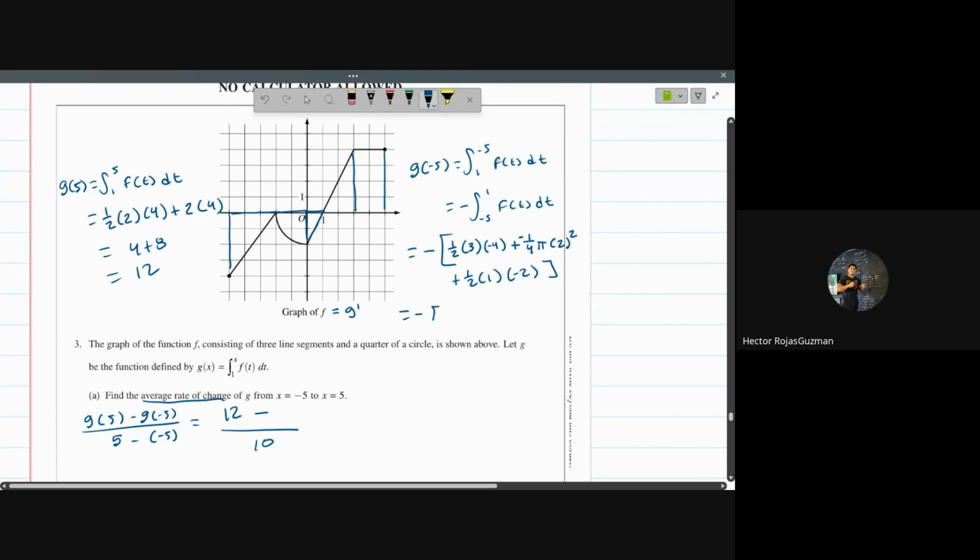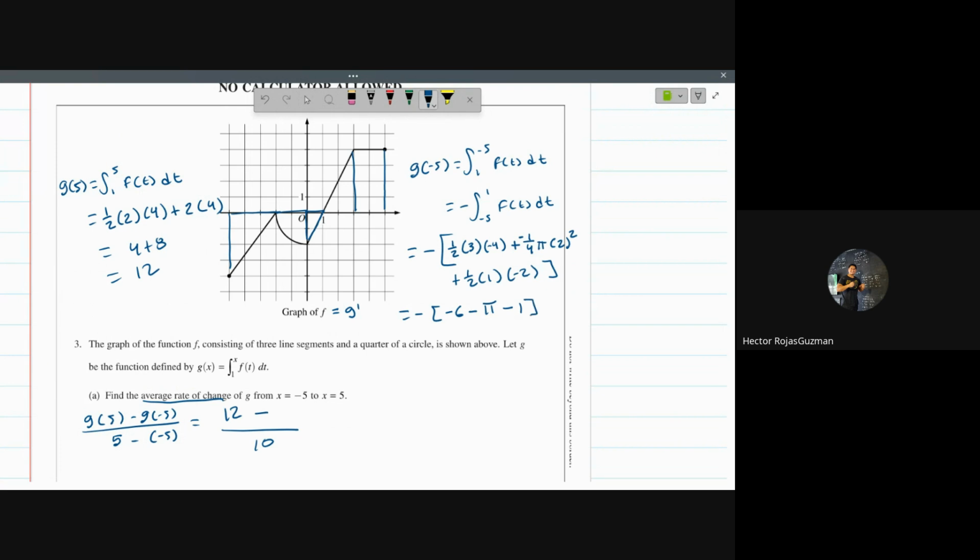And this is going to be, let's see, -12, -6, minus 4 cancels with the 1/4 pi, minus the 2 cancels with the 2, minus 1. So this equals -7 minus pi, which equals 7 plus pi.